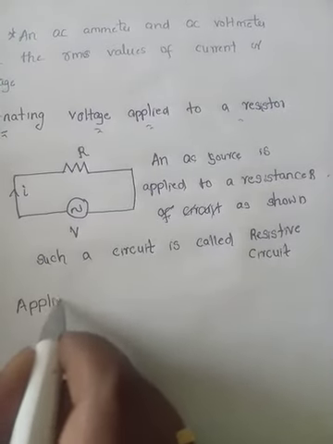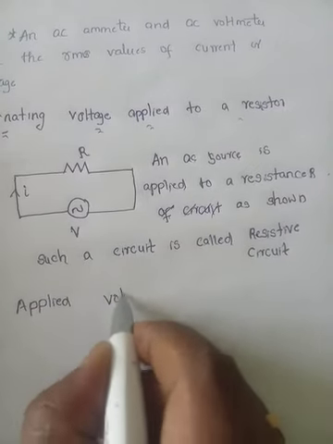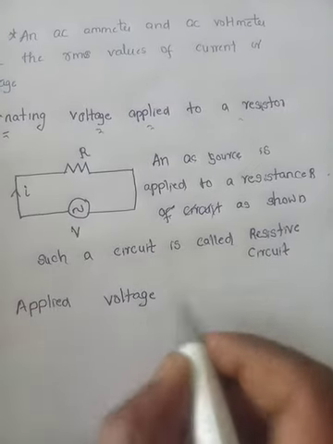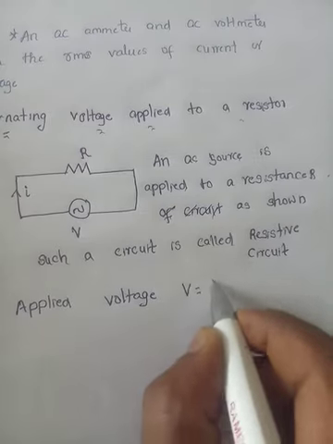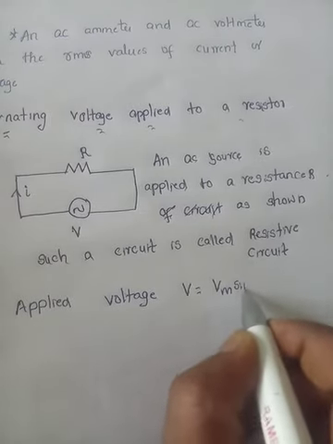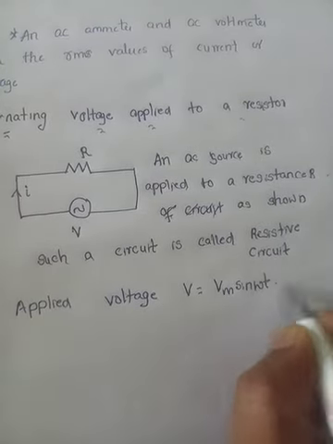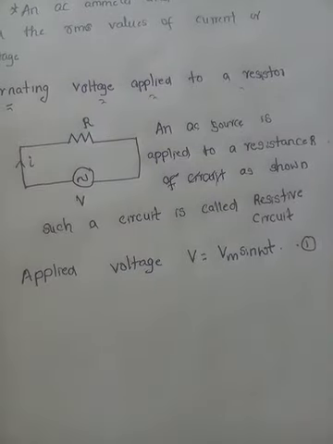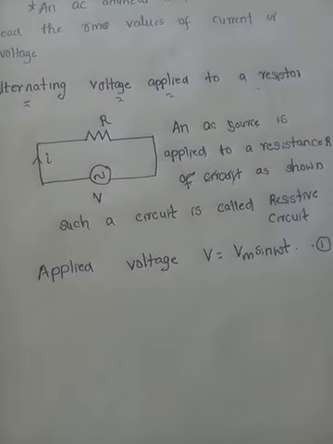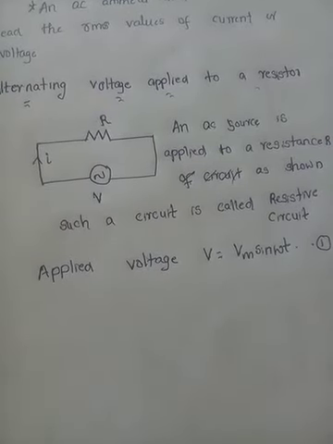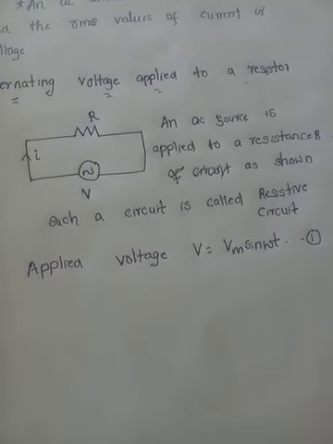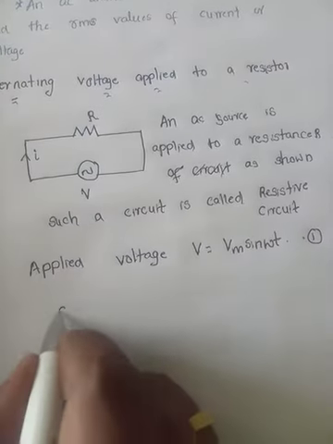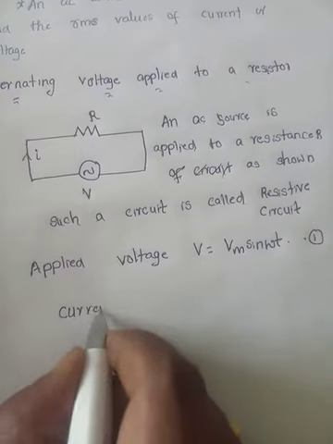Okay, what is the applied voltage here at any instant of time? Because the voltage keeps on changing, at any instant of time the applied voltage V is equal to Vm sin omega t. So, this is equation number 1. We should know what is the phase angle between current and voltage in this circuit. Now, what is the current flowing through the circuit?